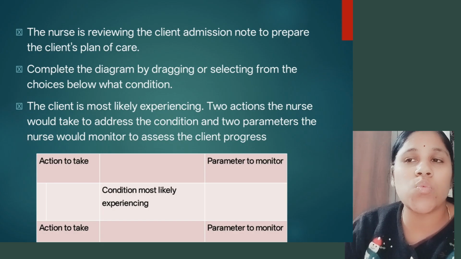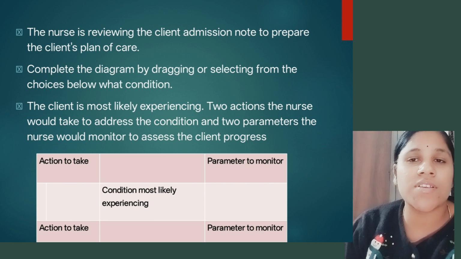So we are going to select two actions the nurse would take to address the condition and two parameters the nurse would assess to monitor the client's progress. And finally we are going to find out the particular condition the patient is facing with the help of the information provided to us.